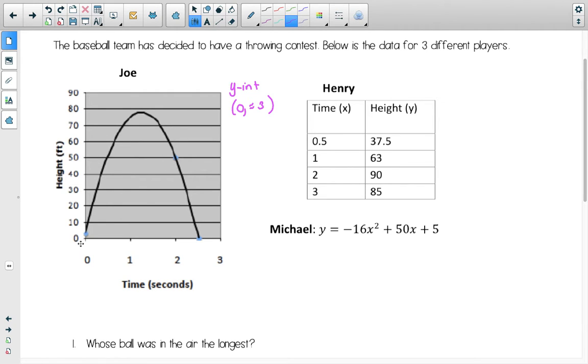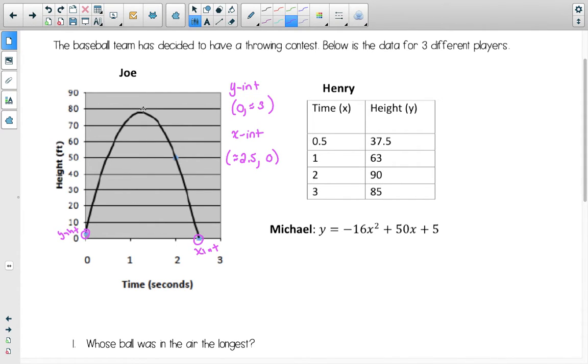Joe's x-intercept, since it only crosses or touches the x-axis once, would be at about, let's say about 2.5, 0. So this would be his x-intercept, and this would be his y-intercept because it's hitting the y-axis.